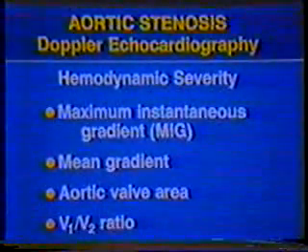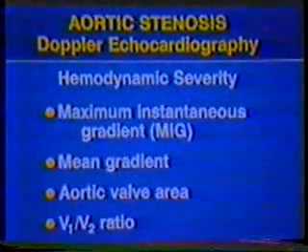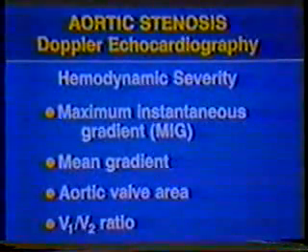These last two do not vary significantly with changes in flow. The derivation of an equation for Doppler-derived aortic valve area requires echocardiographic determination of volumetric flow. You will recall from tape number 2 that volumetric flow can be determined by combining 2D and Doppler measurements.